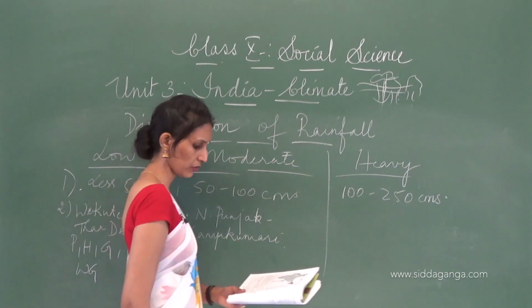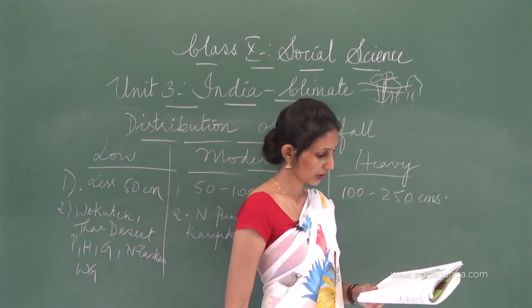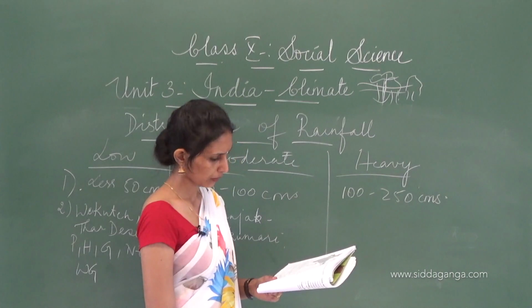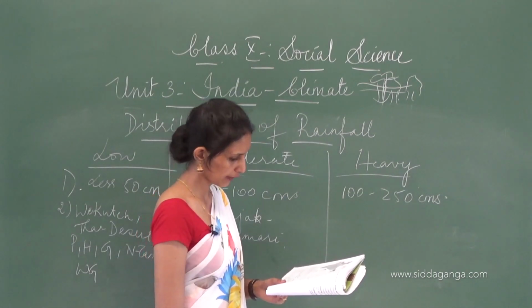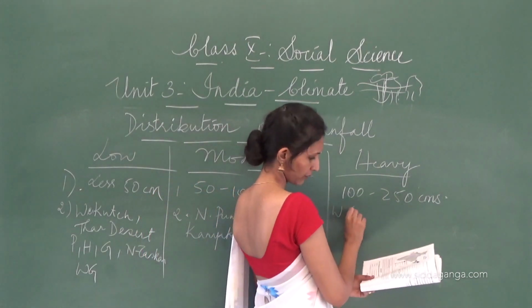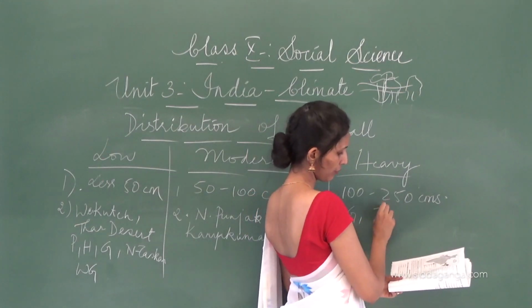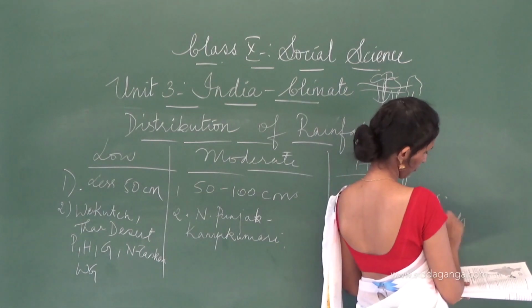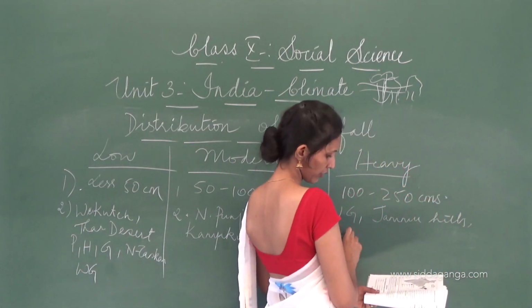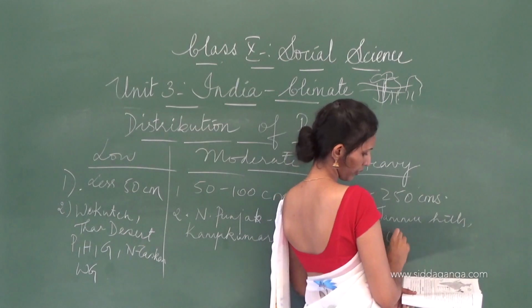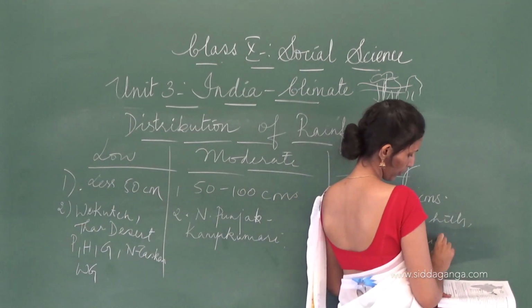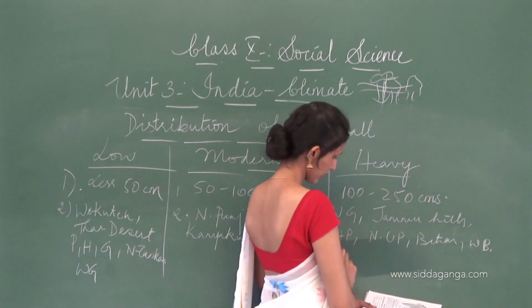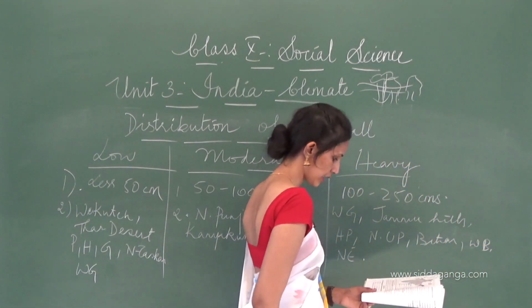Now heavy rainfall is in the Western Ghats, Jammu Hills, Himachal Pradesh, northern Uttar Pradesh, Bihar, West Bengal and northeastern India.